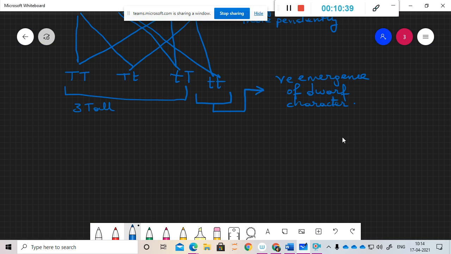So the dwarf character re-emerges. So this was the principle of segregation.